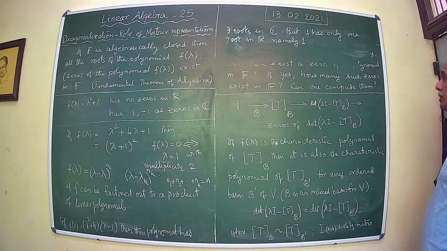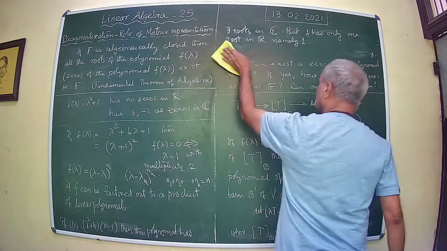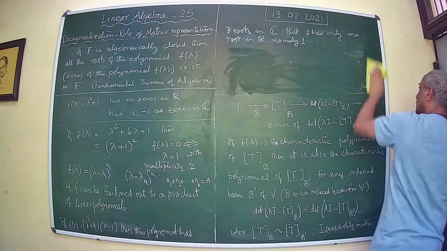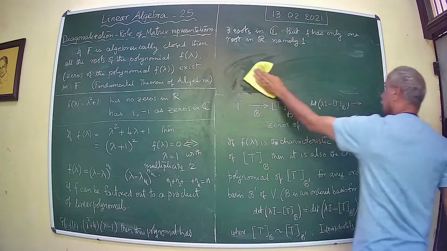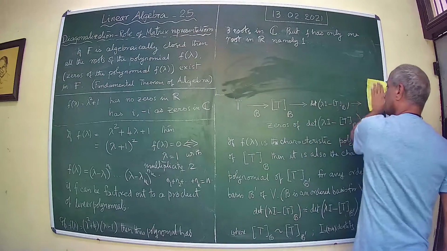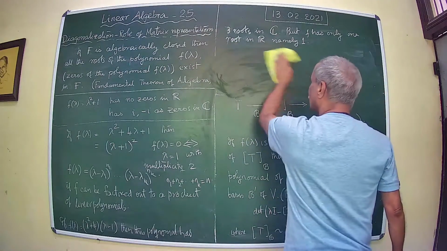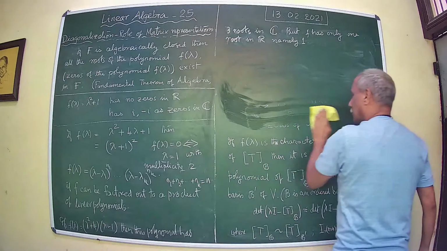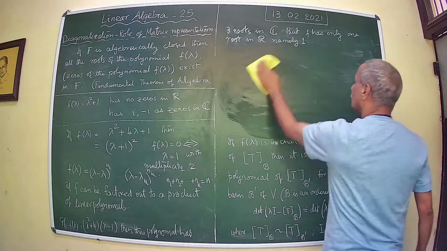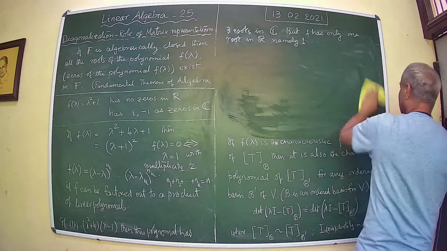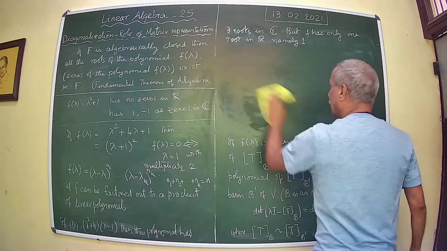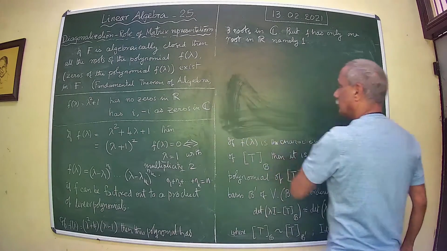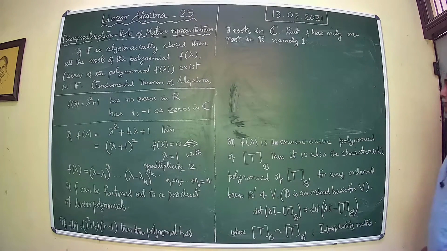The other two roots are complex roots which are not in R. Therefore, we cannot say anything about the existence of roots unless the field is algebraically closed. Only if the field is algebraically closed, then you can say that it can be written as a product of linear factors. So that much we recall for the time being from our knowledge of polynomials and their roots.